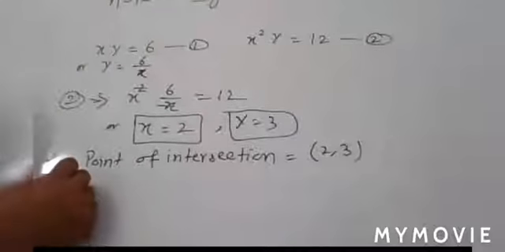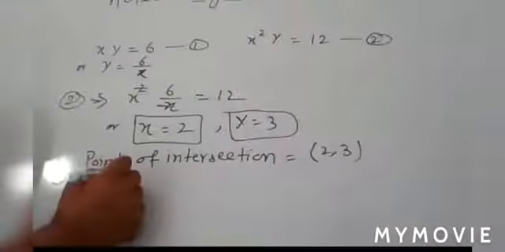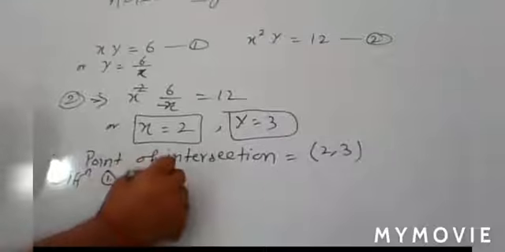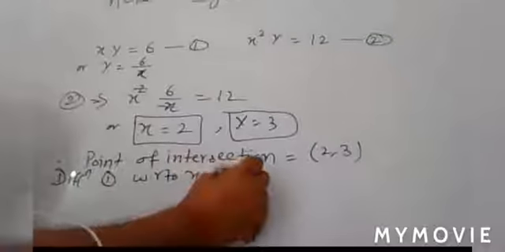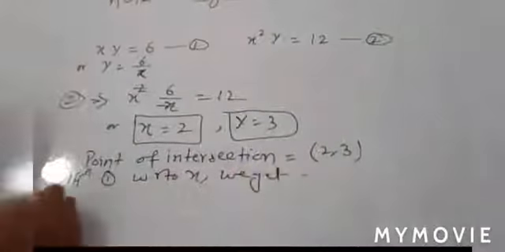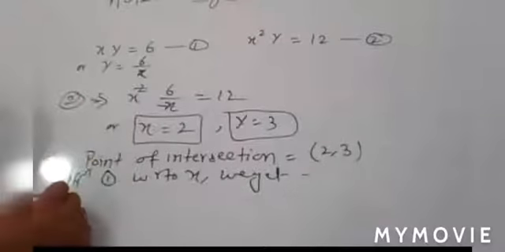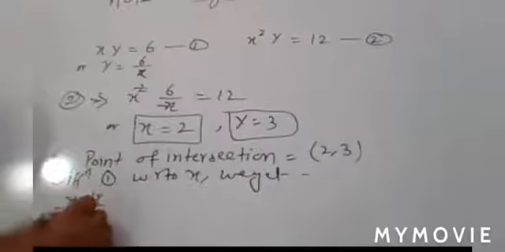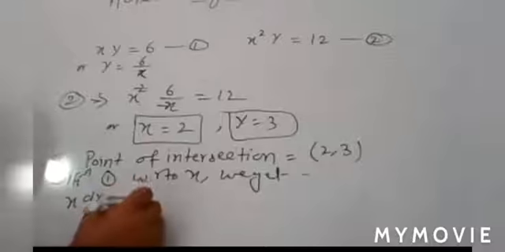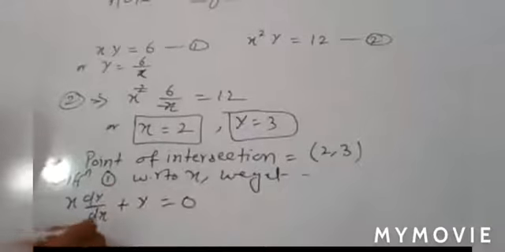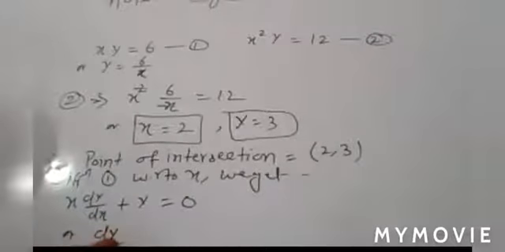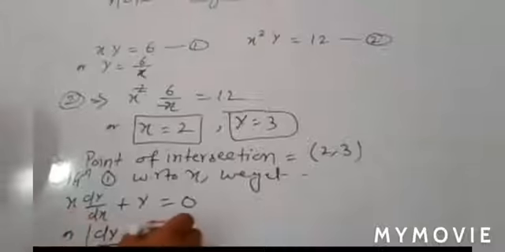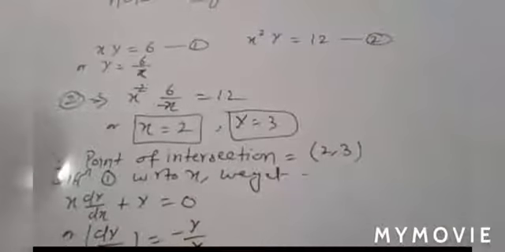Differentiating 1 with respect to x, you apply the product rule: first function times dy/dx plus second function is equal to 0. So the value of dy/dx is equal to minus y upon x.